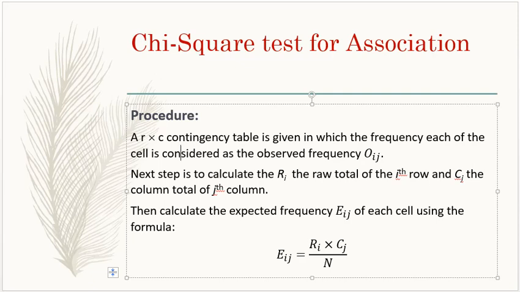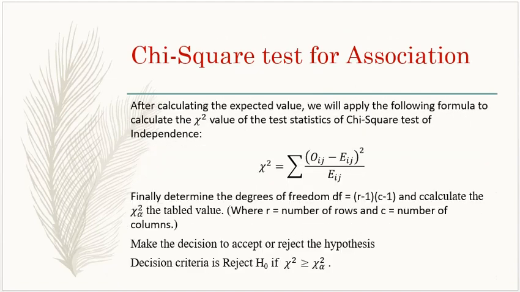We have already seen how we can find it. Once we get the observed value and the theoretical value, we can calculate the chi-squared value using the same formula given earlier: chi-squared equals sigma of (Oij minus Eij) whole squared by Eij.